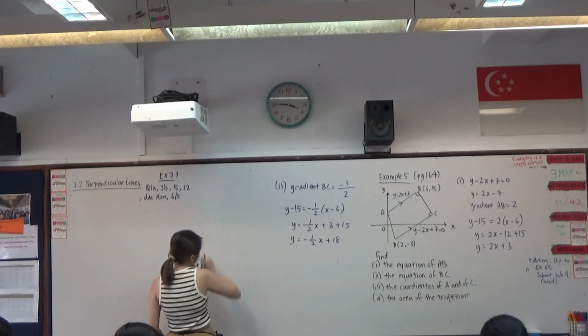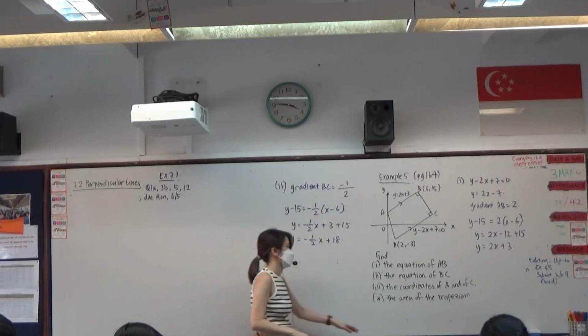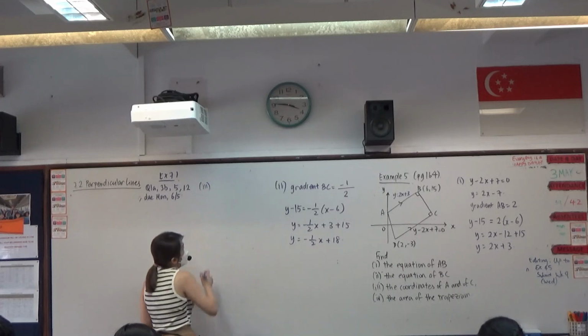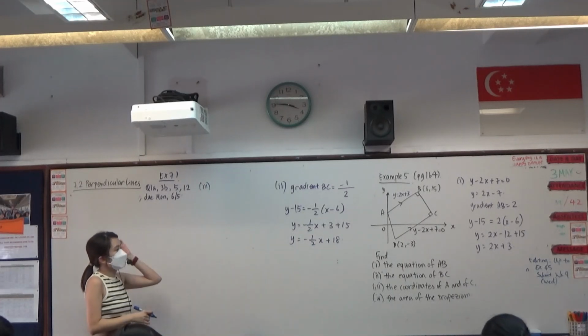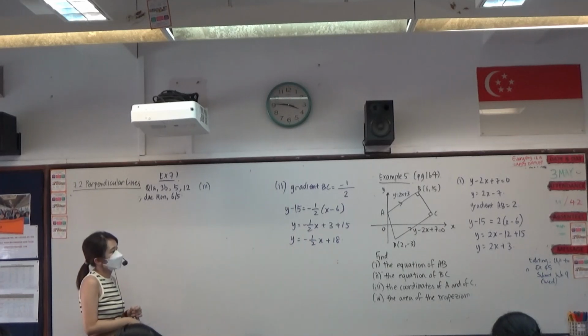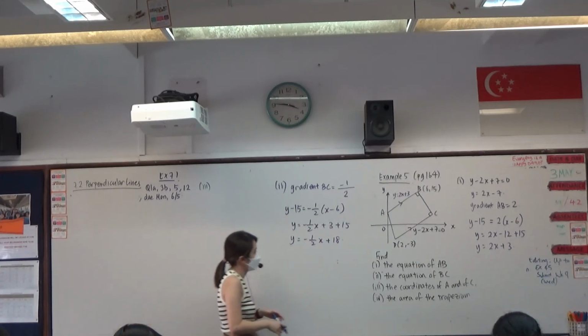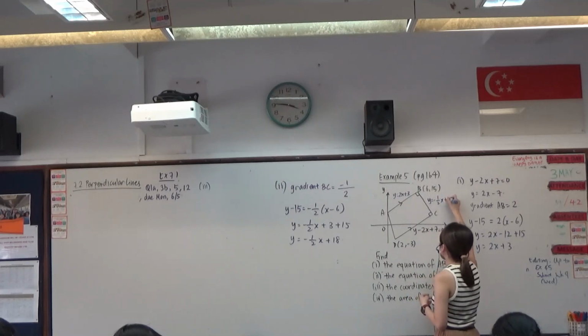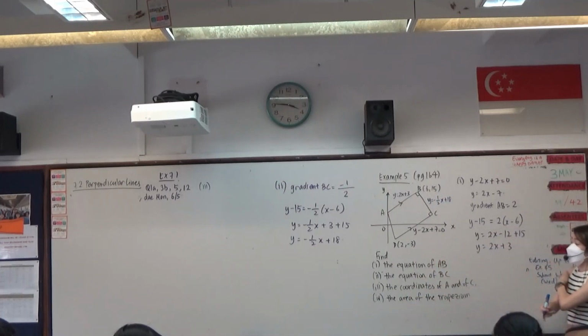Then in part 3, I want to find the coordinates of A as well as the coordinates of C. Finding the coordinates of A is much simpler.